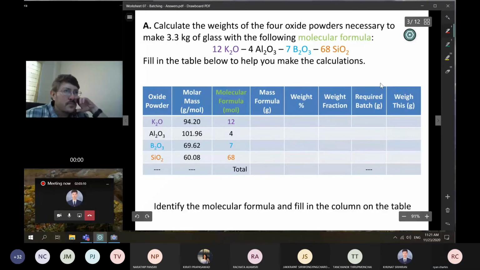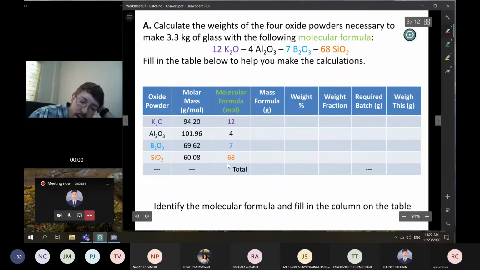I color coded this a little bit. So molecular formula, the number of moles. Potassium was 12, alumina was 4, boron 7, silica 68. So you write those down. That's the molecular formula.